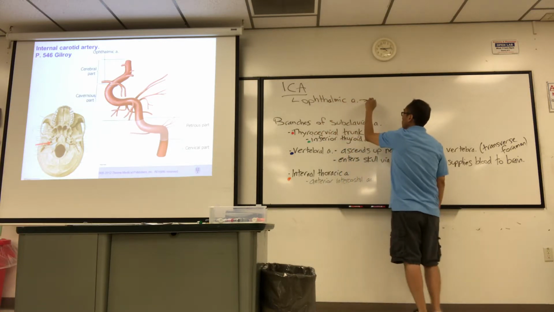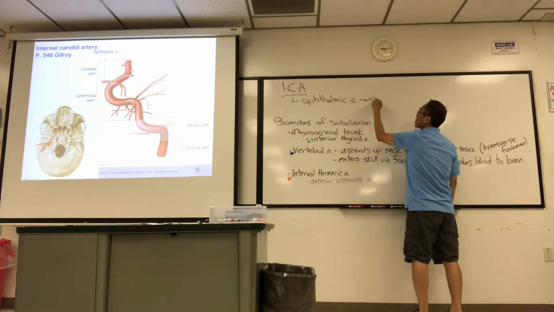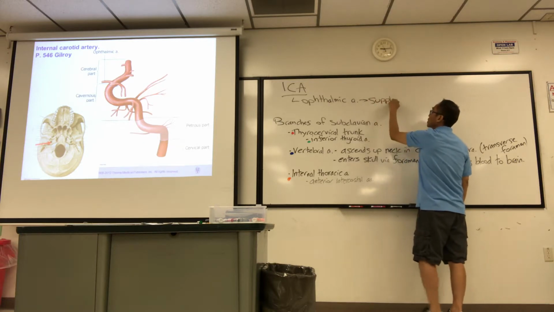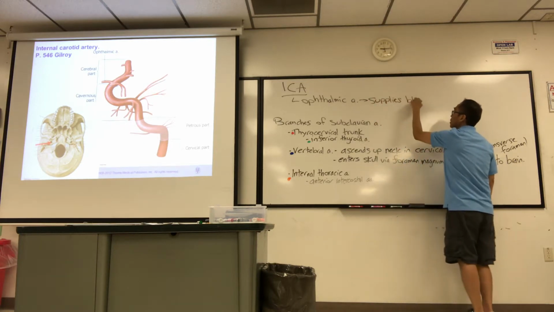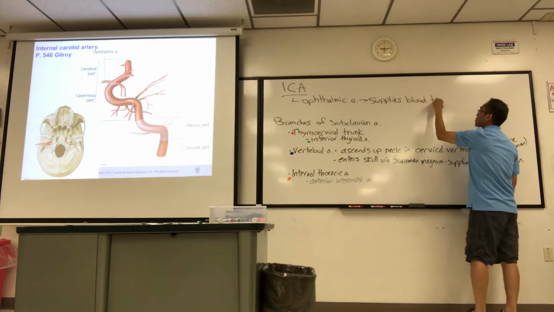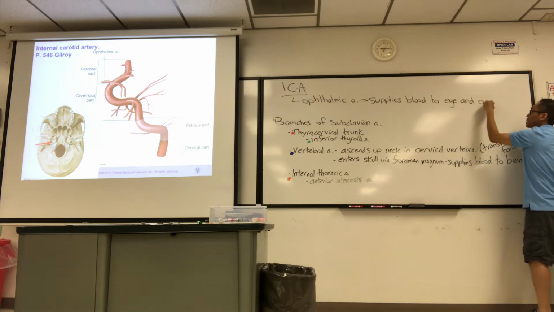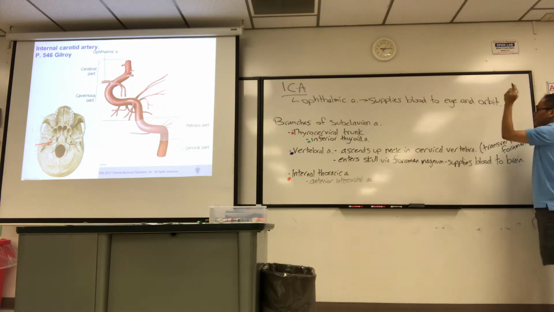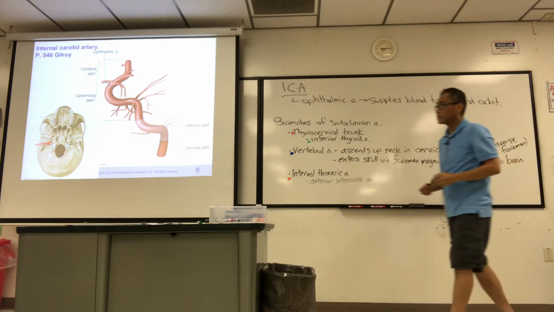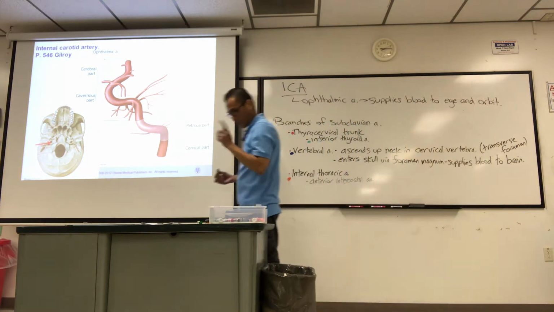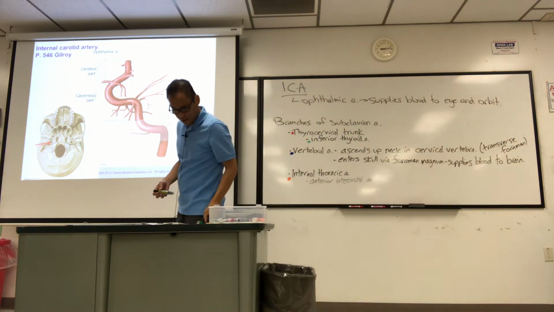Supplies blood to the eyeball, eye and orbit. Orbit is the socket where your eye is in. So you got one branch, ophthalmic.